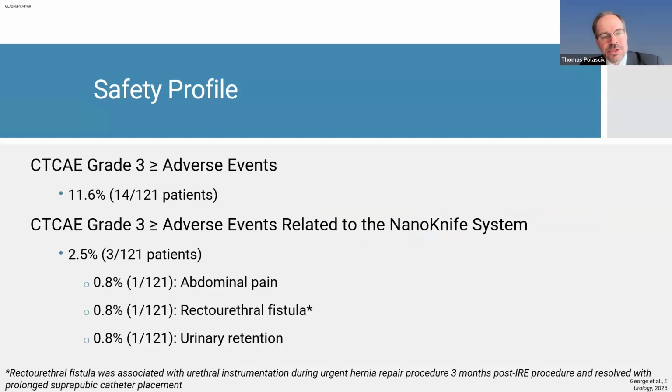There was one with a fistula, which is not clear what happened, but basically this happened several weeks, I think it was 6 weeks later, at the time of another procedure he was having. And because it was a primary treatment, and he had catheter rest, that resolved without any further intervention. And you're going to have a couple patients that go into retention just by the nature of what you're doing. And we had one in this series. Next.